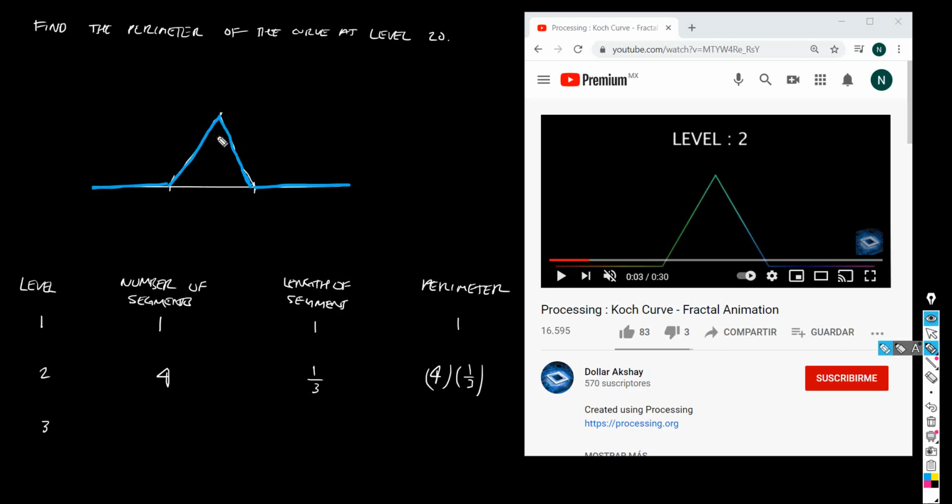You're gonna divide each of these segments into 3 equal parts. So this segment, I'm gonna divide it in 3, the same as this, the same as this, and the same as this. Okay, and next you're gonna construct on top of the part in the middle an equilateral triangle. Okay, like so.